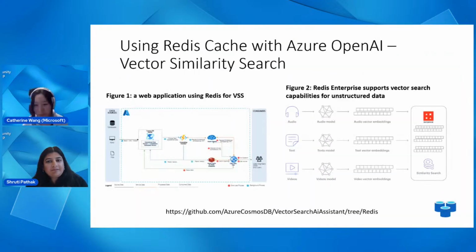Next is the vector similarity search scenario. Like we saw earlier in the OpenAI part, we have different models. In addition to the picture generation model, it's more widely used for chat and search, like the embeddings model. So the scenario is, suppose you have a bunch of unstructured data, say the text of thousands of customer feedback.